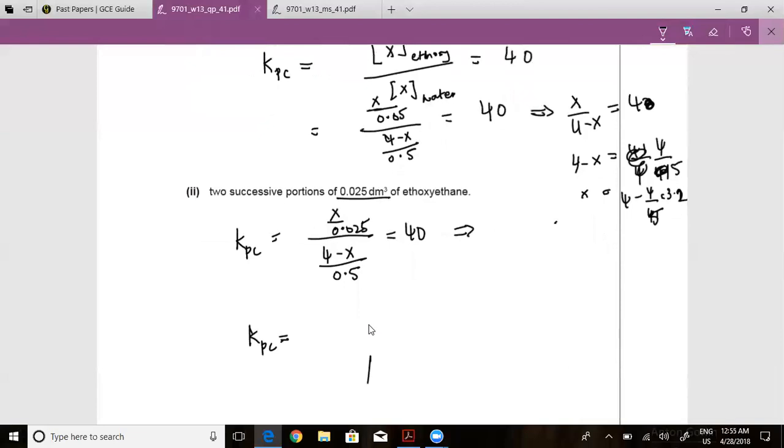This should give you x/4 minus x. 5/8 you get 20. You get 3/4. Probably doing something wrong.